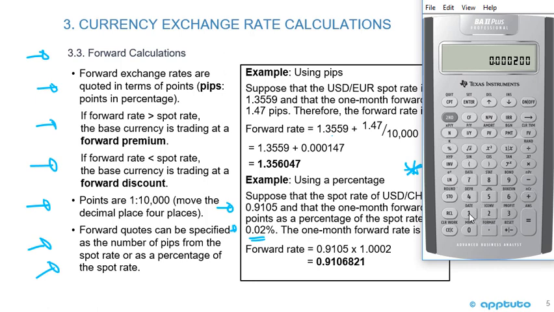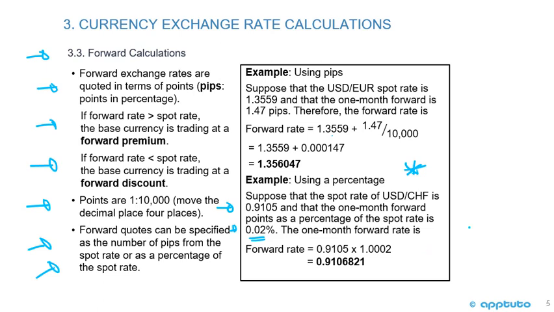I'm going to add 1, and I'm then going to multiply it by the spot rate, 0.9105, and I'm going to get a forward rate of 0.910682, okay? So the steps for that, again, to be clear, when they're giving you as a percentage, take the percentage rate, 0.02, hit the percentage key, plus 1, and then multiply it by the spot rate, and you get the forward rate.